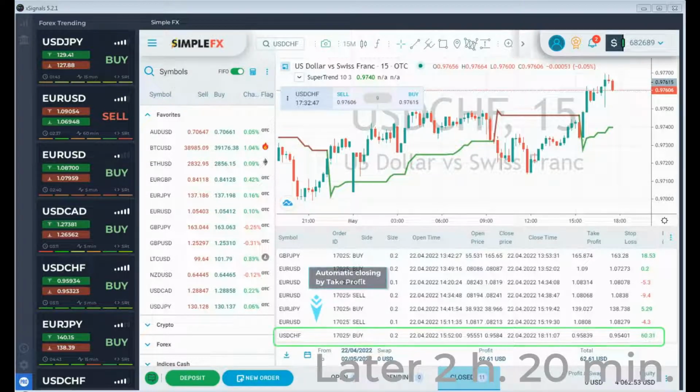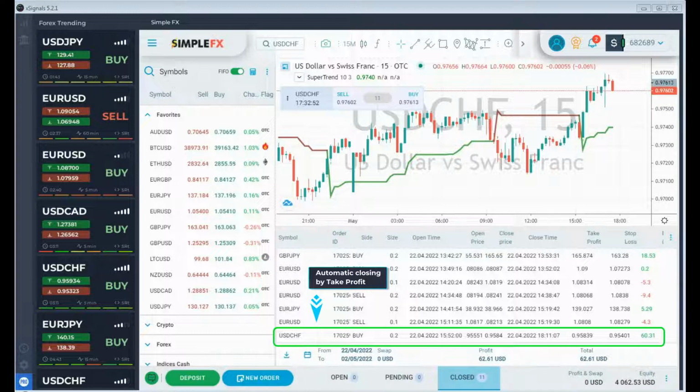More than 2 hours have passed, we look at the result. The position is closed by take profit with maximum profit. This trading option works well on medium and long-term strategies with a time frame of M30 and higher.